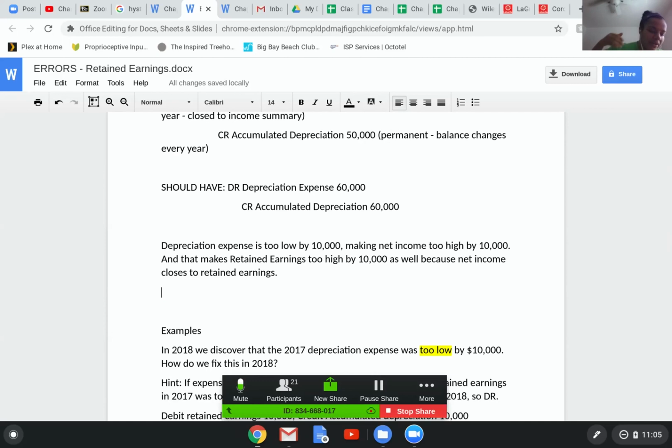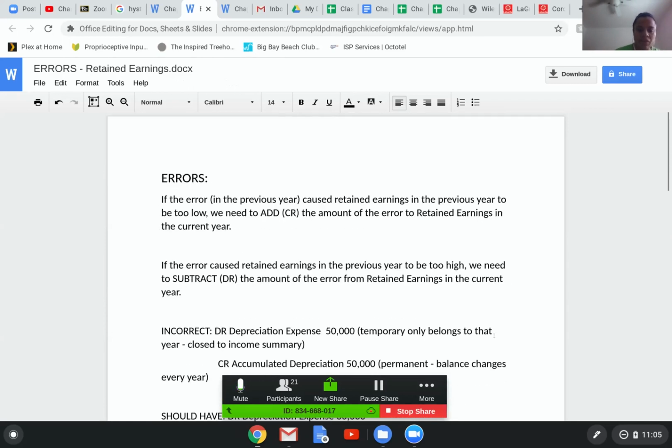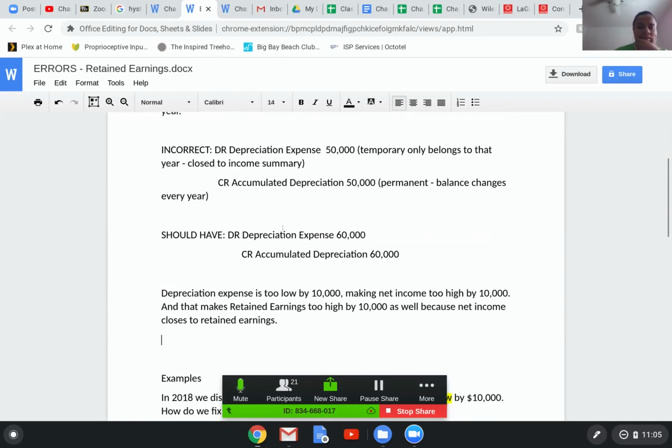Well, if you were still in the current year, you could just make a journal entry, debit depreciation expense an extra 10,000 and credit accumulated depreciation an extra 10,000.